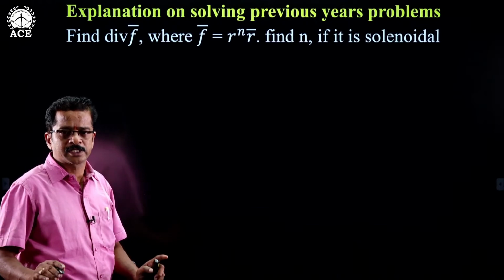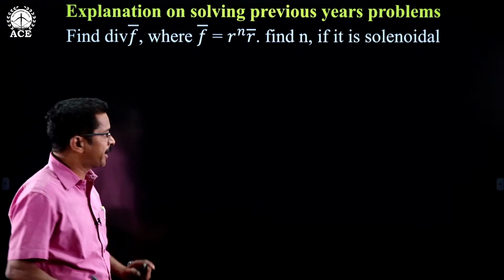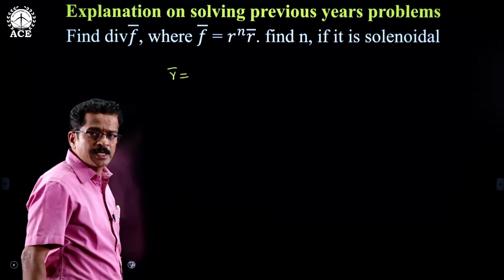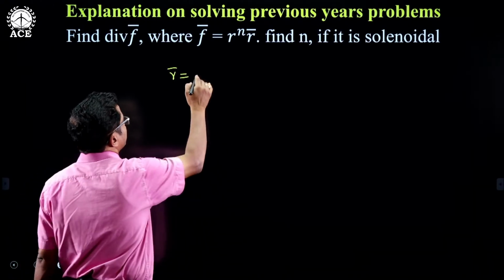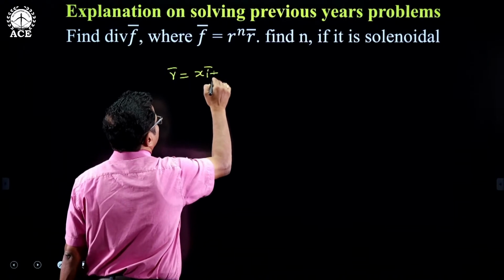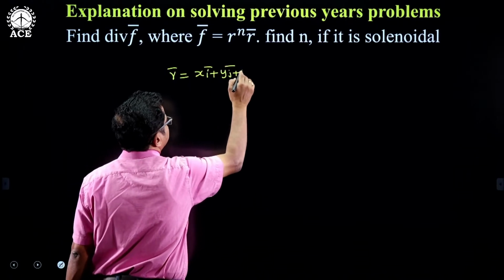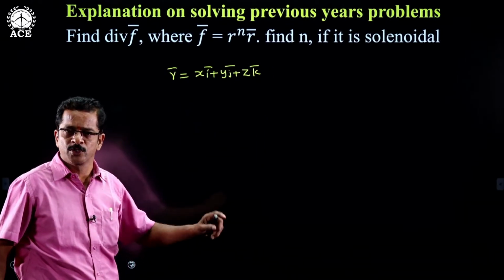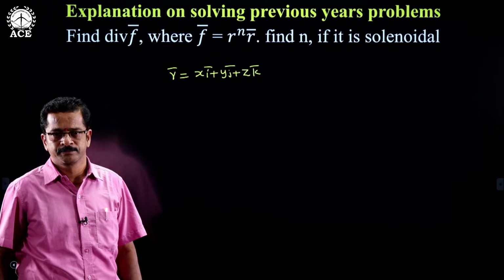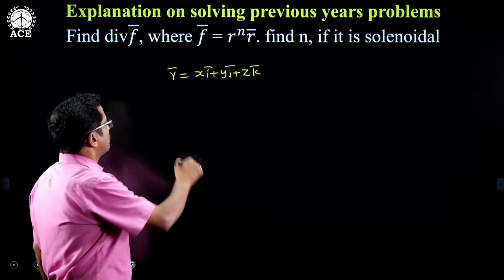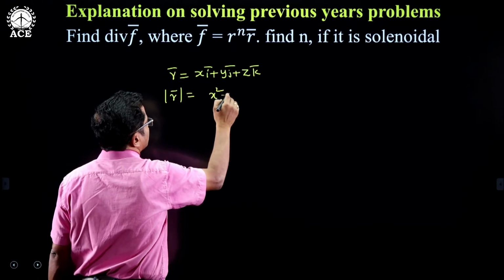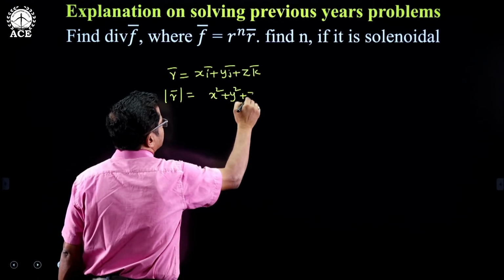So let us introduce what r bar is. R bar is a position vector, defined by xi bar plus yj bar plus zk bar. By default you have to take this as the position vector in a vector field, and its modulus is under root of x square plus y square plus z square.